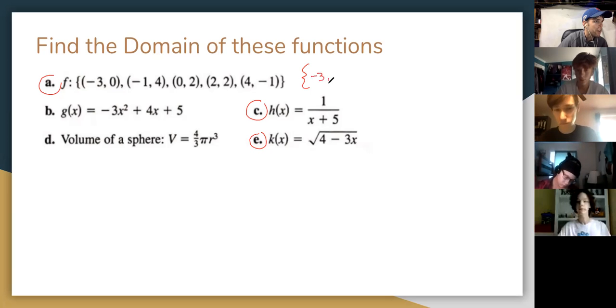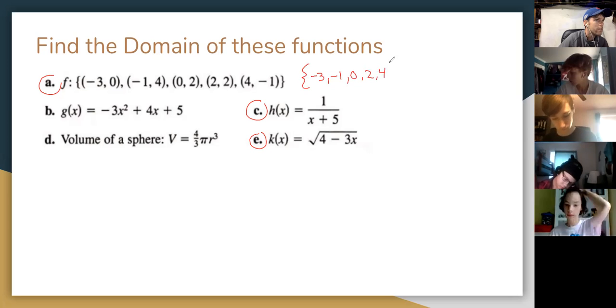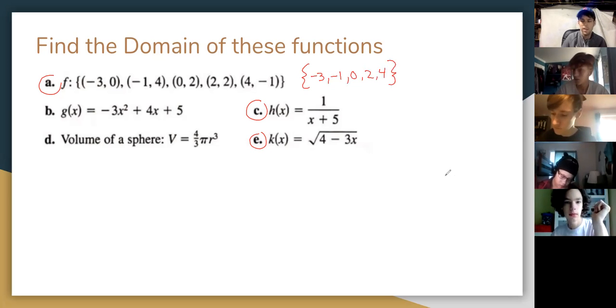Usually we would want to write them in ascending order if we can. 0, 2, and 4. So this would be our domain for the first one. Just the x values, right? I'm just talking about the x's. And I think I got them all.